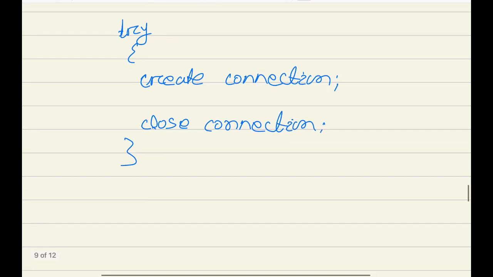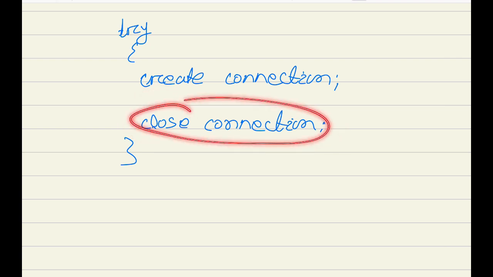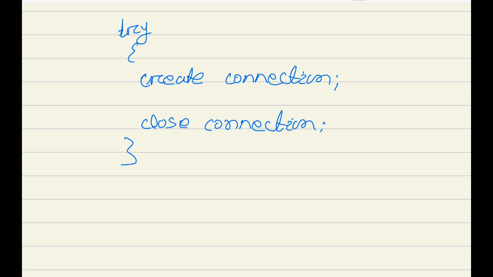Okay, like this. Now if the exception occurs here, then for this exception this part is not going to execute. So the close connection is not going to execute.